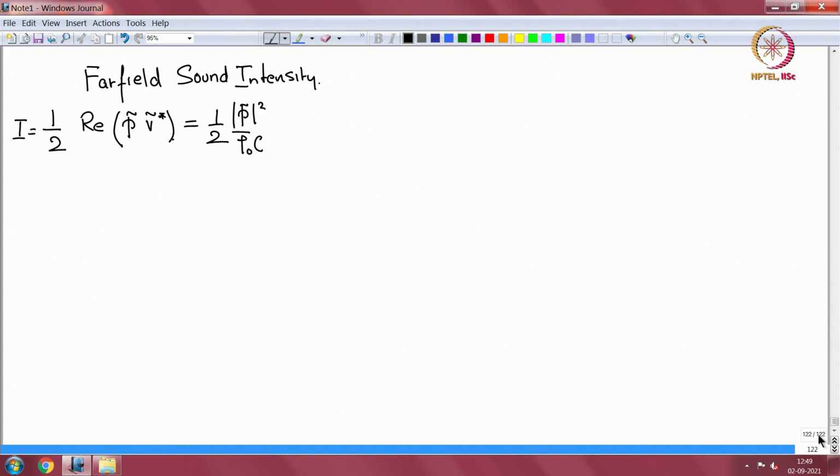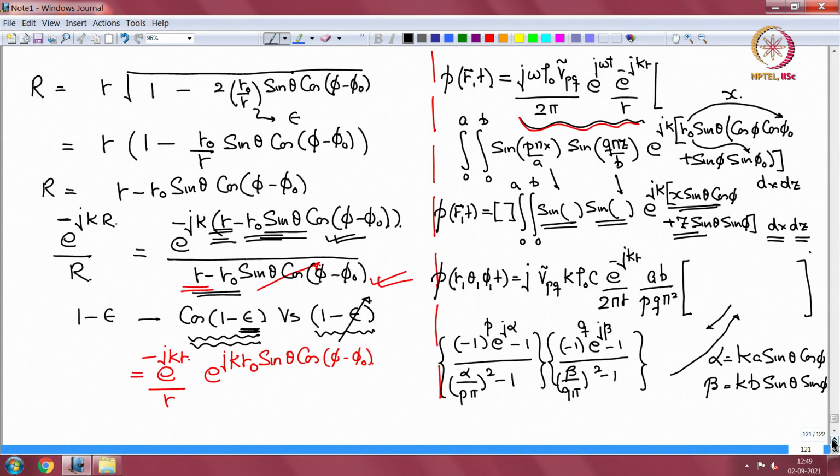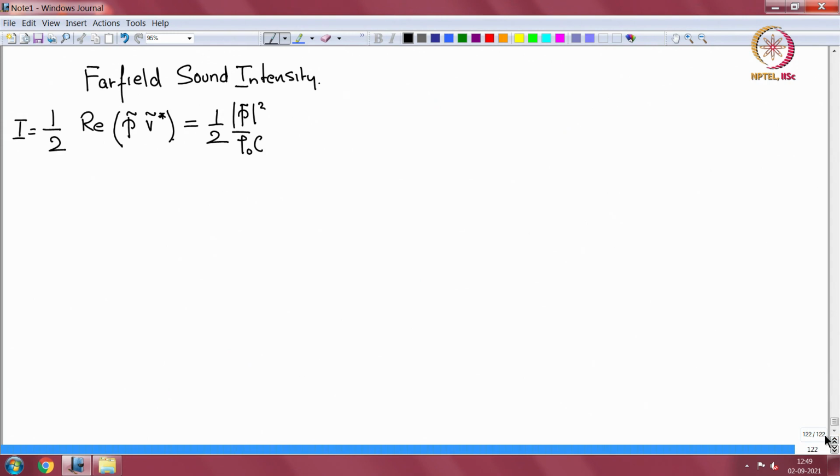Okay, I do not remember what I have been using for c, rho 0, okay, rho 0 c. Okay. So, this is the plane wave. By this time the wave has become a plane wave.